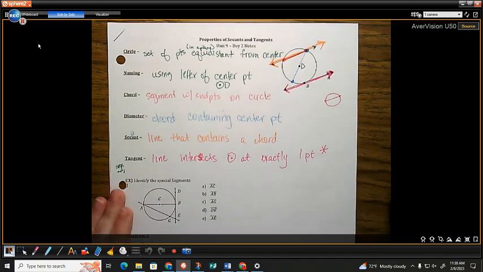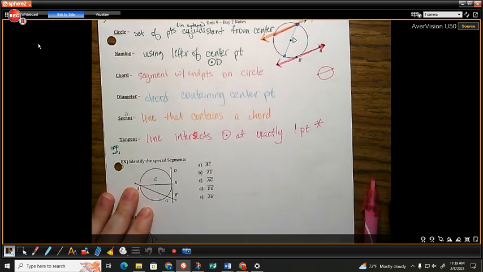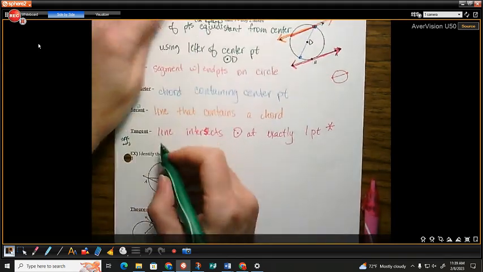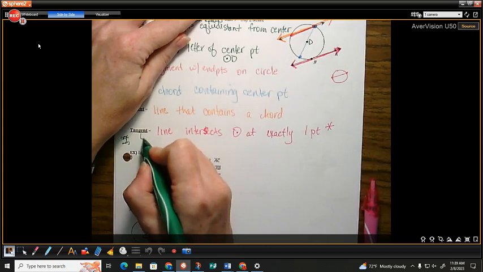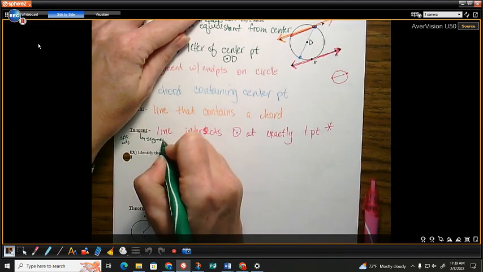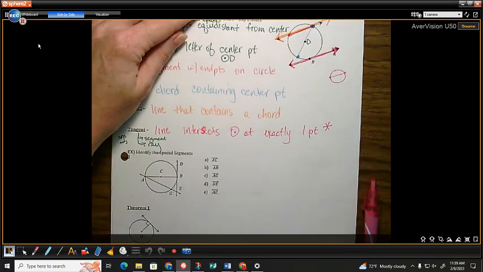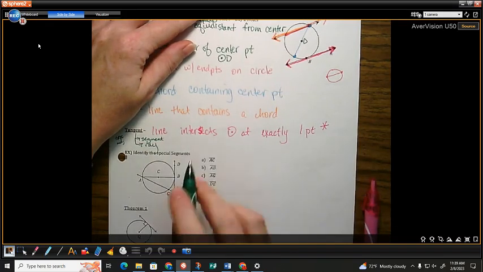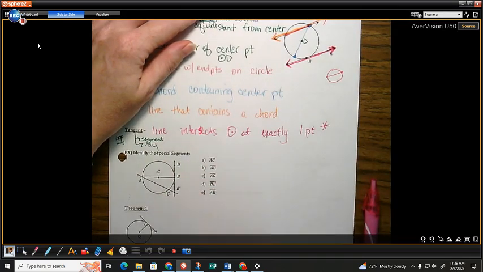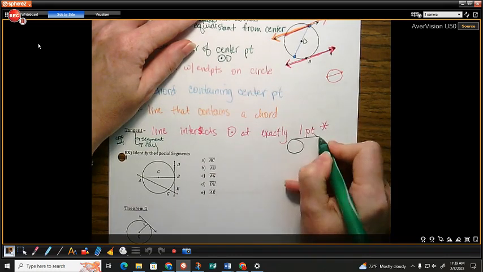And I'm going to put a little asterisk next to this because there's some fine print involved. Okay? When we use the name tangent, sometimes we are also talking about a tangent segment or a tangent ray. And if you're talking about one of those, you're talking about one that would be a piece of a tangent line. So it might look like this.